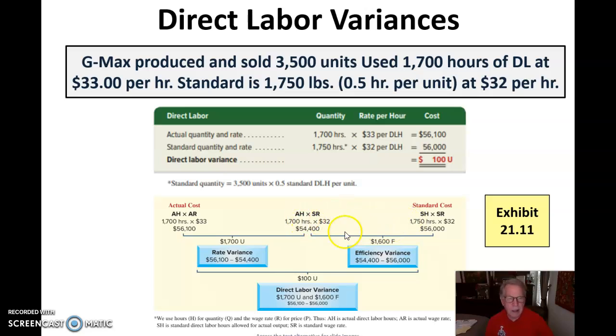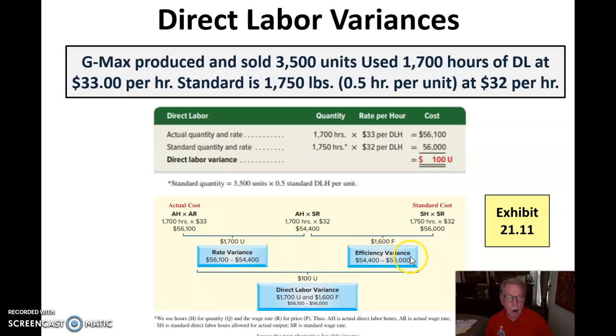Put actual, and then compare this. $56,100 actual, which is much more than the $54,400 I have at standard. So that represents $1,700 of wage rate variance. And that's very logical. Here we have $32 per hour, but our actual was $33 per hour. And that resulted in a $1,700 unfavorable variance.